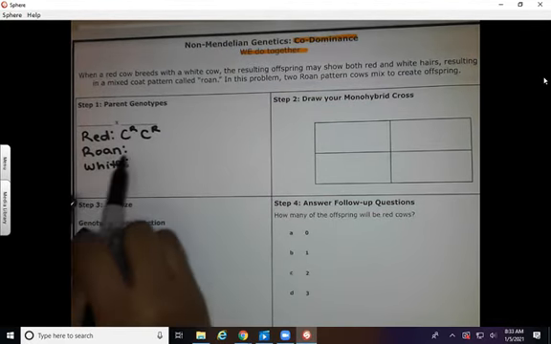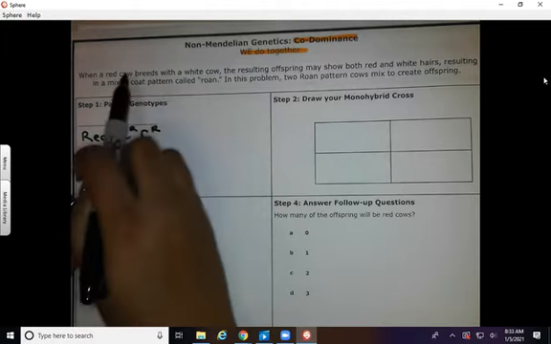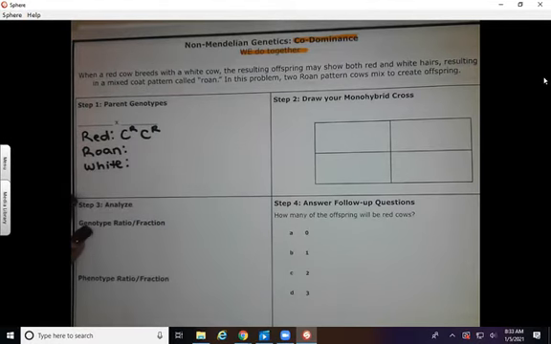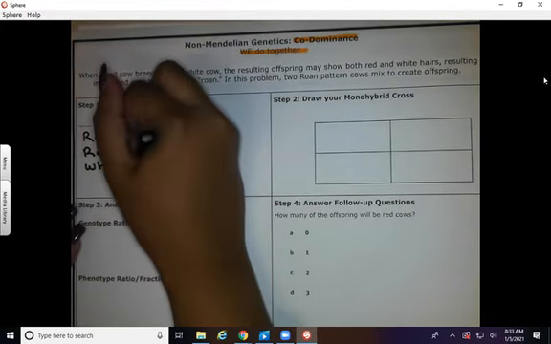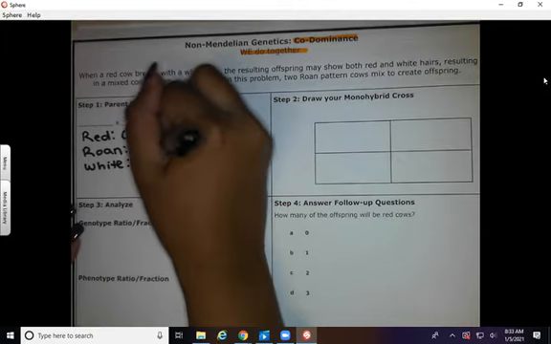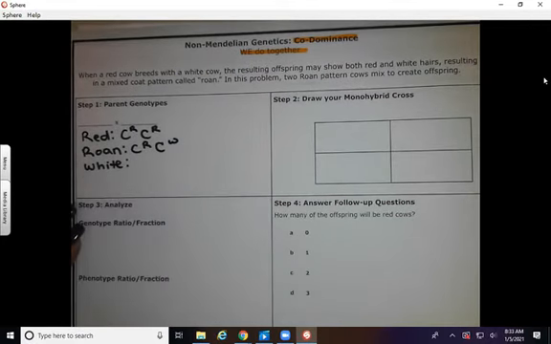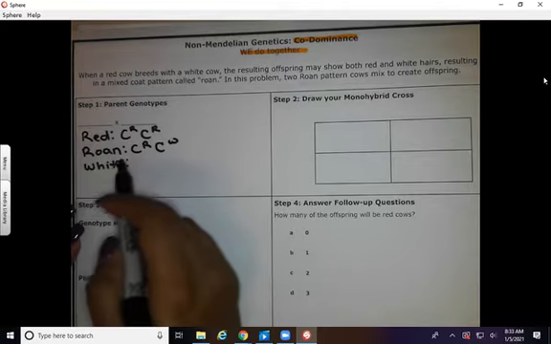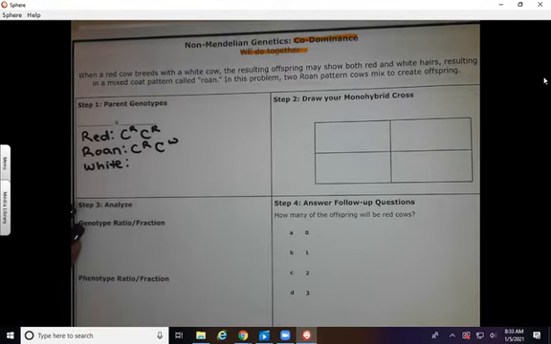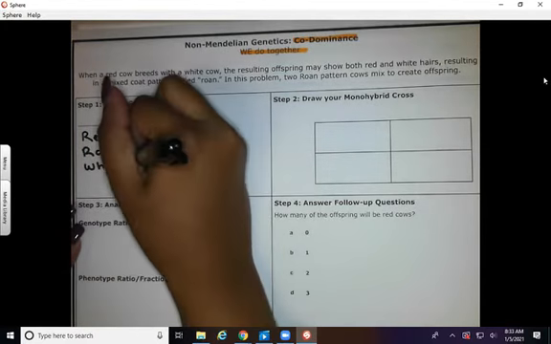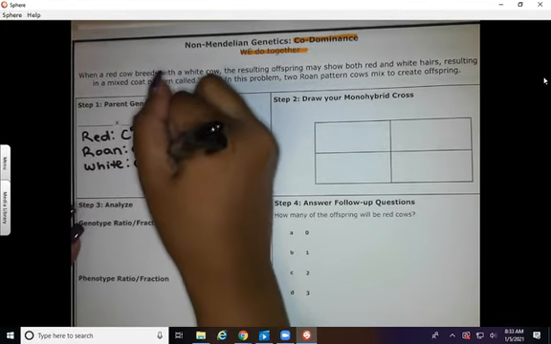What would the roan be? Remember, roan is both of them together. Y'all tell me. Okay, this is going to be a CRCW because it has both red and white. And then tell me what you think white would be. Okay, CWCW, good.